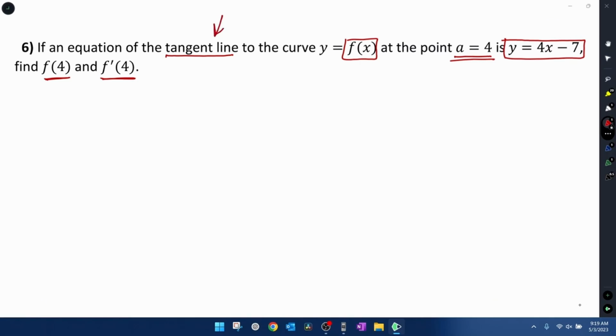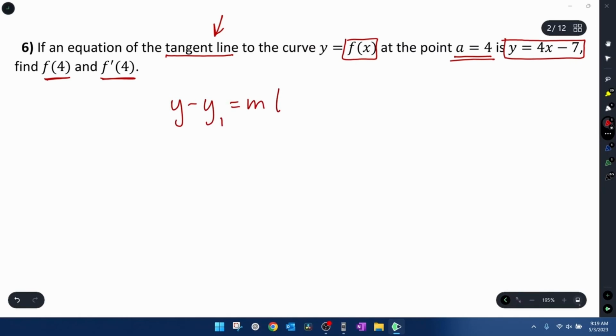The standard form of the equation of the tangent line, if you use point slope form, is y minus y1 equals m times x minus x1. If we use the point slope form and want the equation of the tangent line, then x1 is whatever number you want, say a, and y1 would be the function value at a.